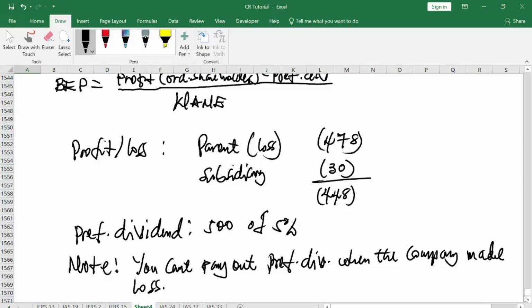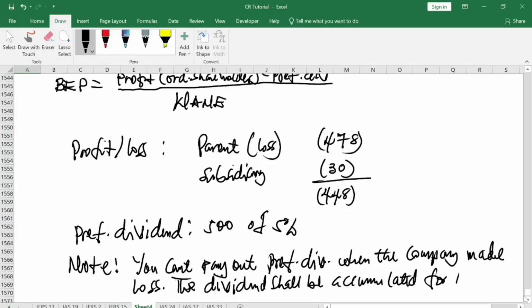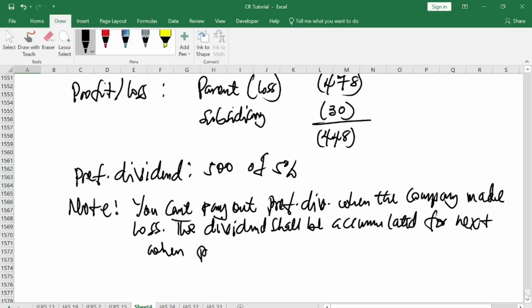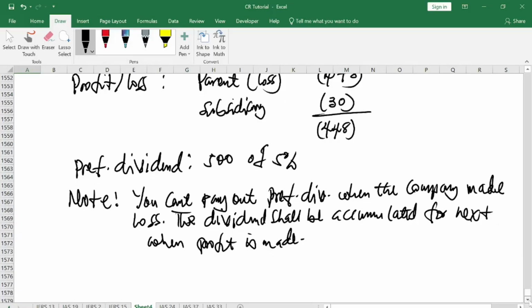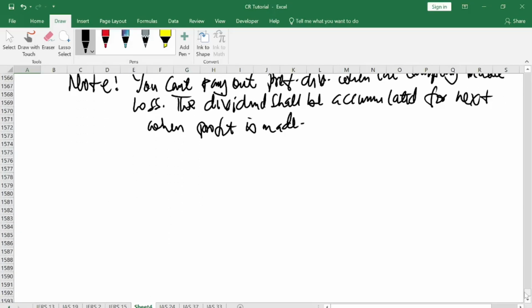So for that reason, the dividend shall be accumulated for next year when profit is made.